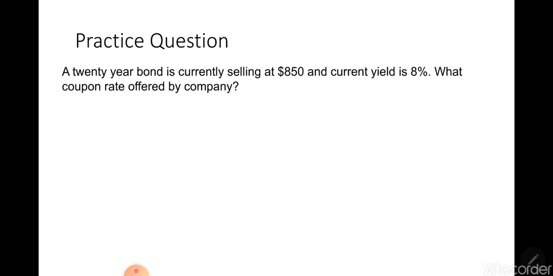The next question asks you, a 20-year bond is currently selling at 850. So you again have the market price. Current yield is 8%. You have the current yield as well, and you are supposed to calculate the coupon rate offered by the company. So we will use the current yield formula, which is coupon payment divided by market price.